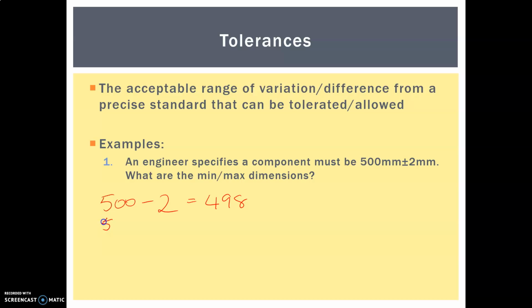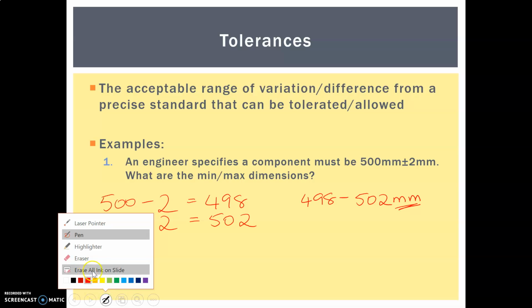And if it's plus, it's going to be 500 plus 2, which gives us 502. So our answer, what are the minimum and maximum dimensions, is 498 to 502 millimeters, making sure that we have the units. If you don't include the units, guys, you won't get the marks. Okay, there's the answer. That one's nice and easy. Let's have a go at a second one.